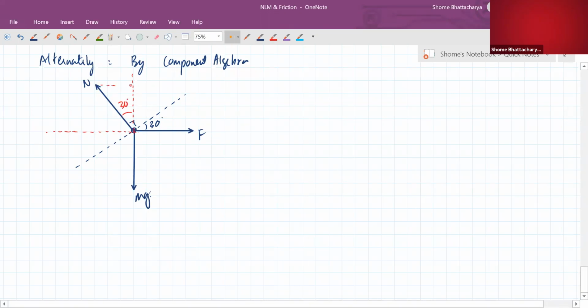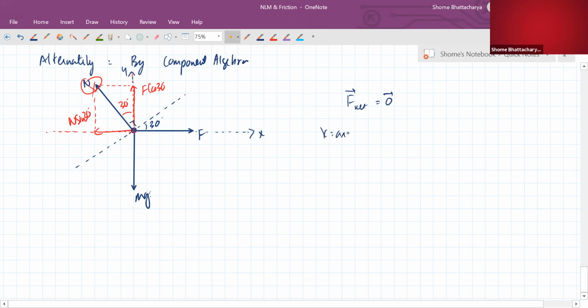Okay. So if we resolve normal reaction into components, this will become N cos 30. And this will become N sin 30. Okay. So now net force is 0.